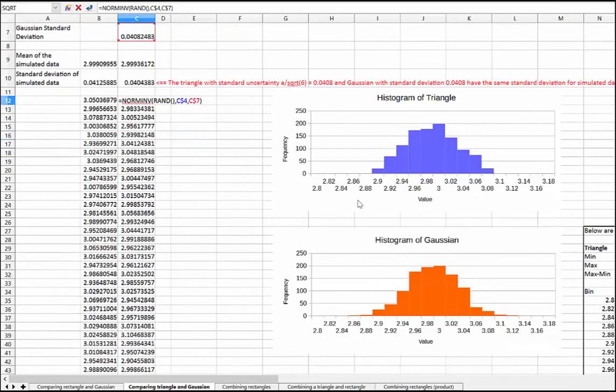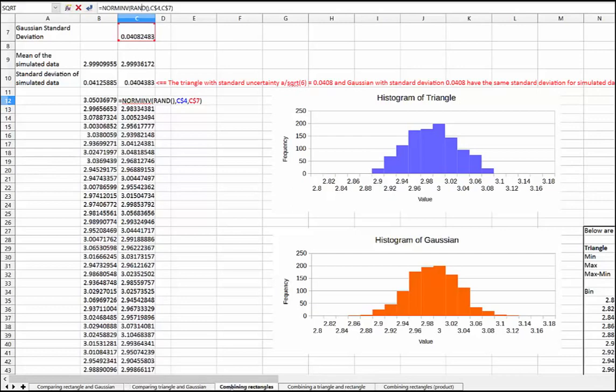And then if I compare what my triangle and my Gaussian look like, they look pretty similar. The big difference is that there's this tail with the Gaussian that just doesn't exist with the triangle. And of course, if I simulated enough data, you'd see the triangle's a little bit more peaked. Or the very peak is very, well, it's a triangle.